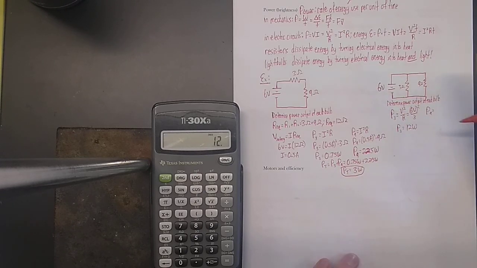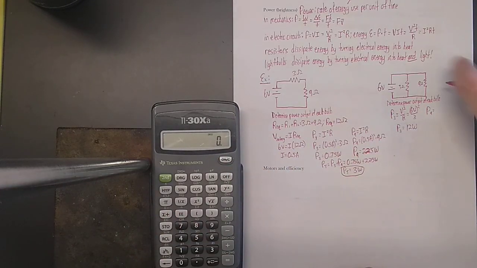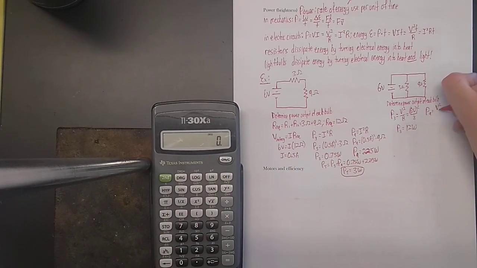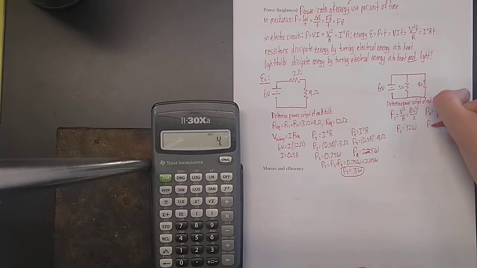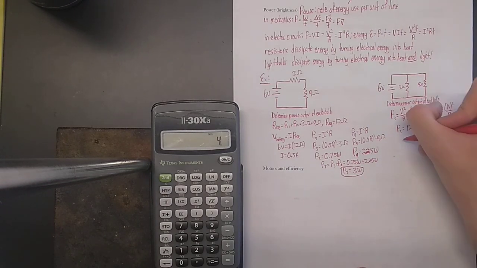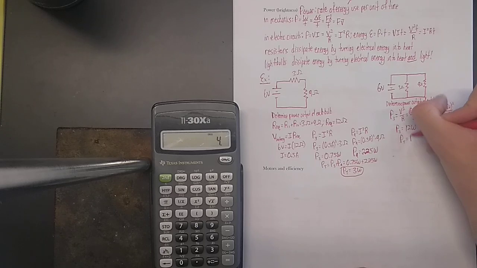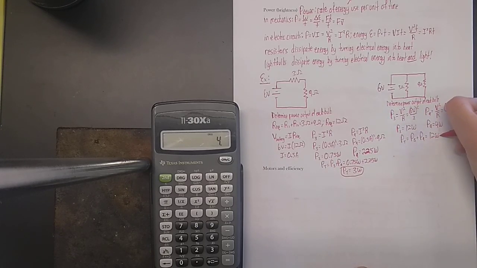For the 9 ohm resistor, we have the same basic idea. 6 volts squared divided by 9. That's 4 watts. The total power is 16.